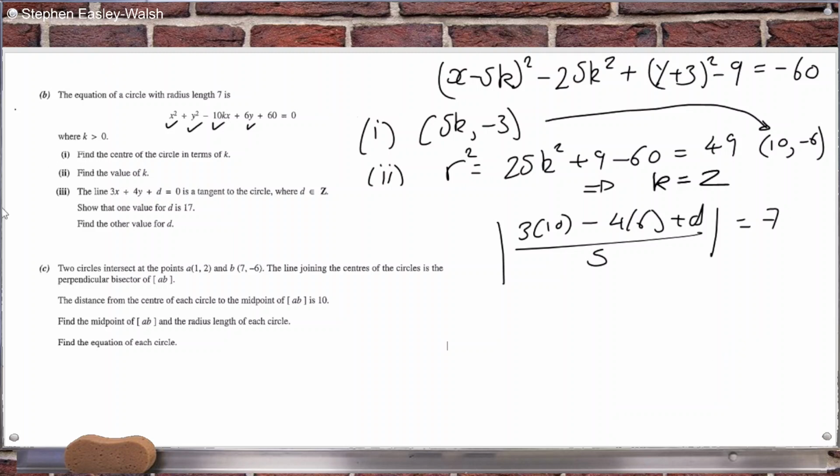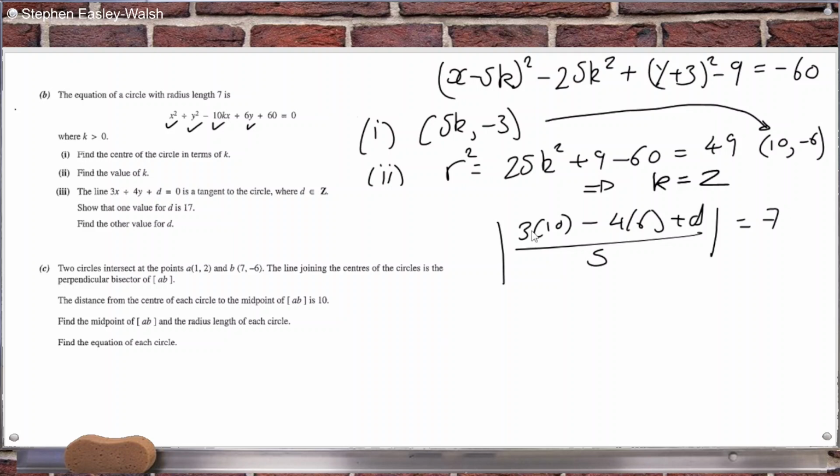Be careful. The line 3x plus 4y plus d equals 0 is a tangent to the circle. One of the values of d is 17, and the radius is 7, and the center is 10, minus 6, because we just worked out that k is 2.